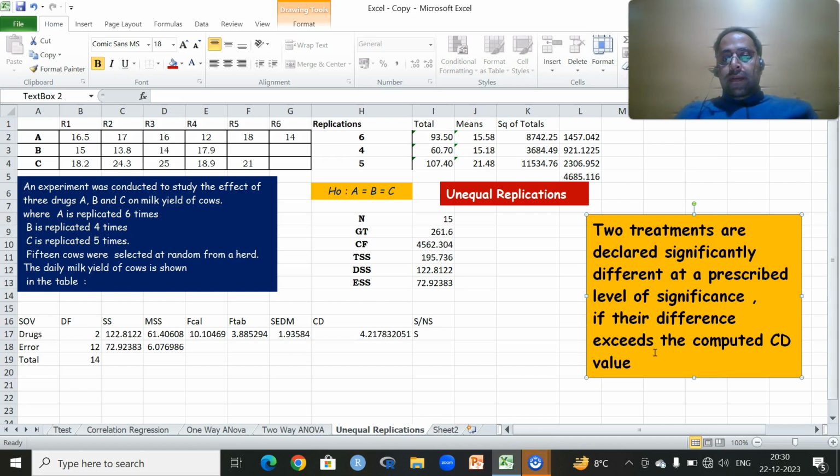That means if the difference between two treatment means is larger than the calculated value of critical difference or the least significant difference, then they are treated to be significant.